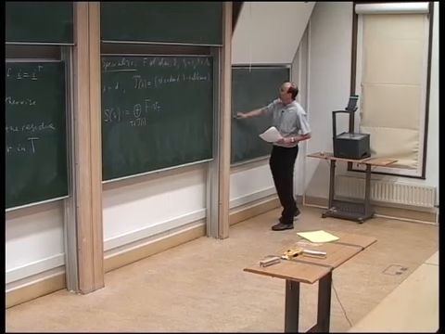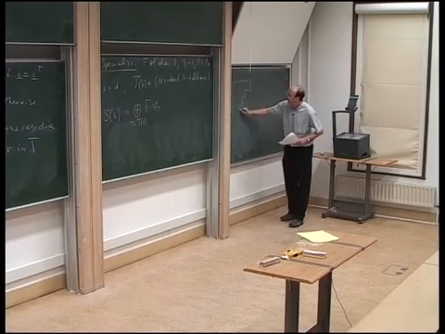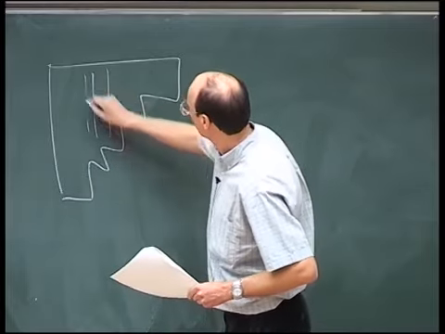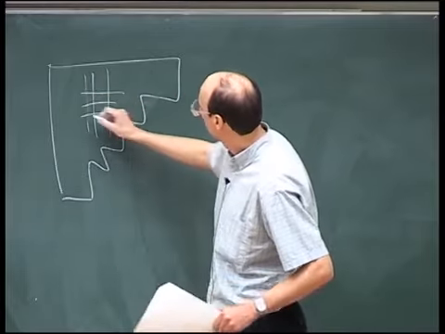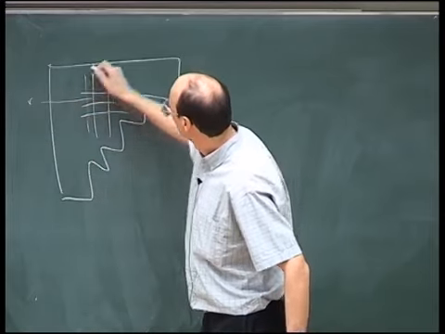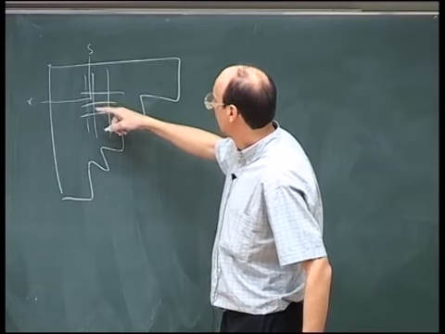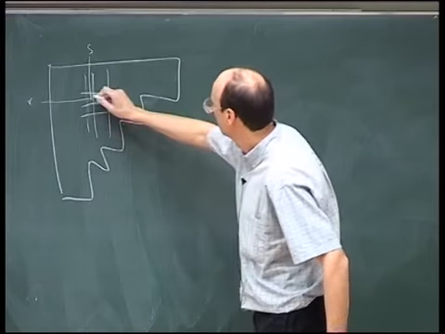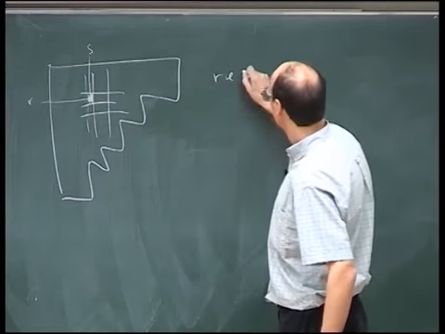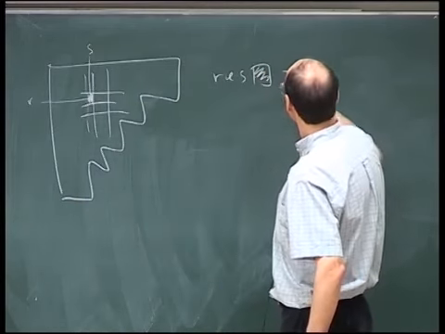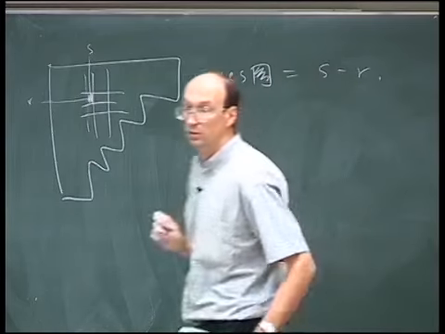Here's my Young diagram in the English notation. It consists of boxes, and each box has a residue, which is, if it's in row r and column s, then the residue of the box is s minus r. So the residue of this box is column number minus row number.